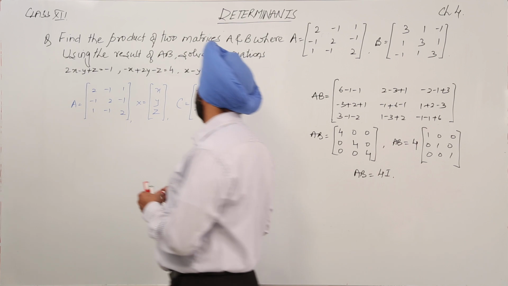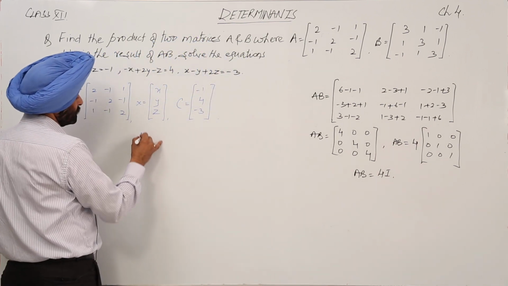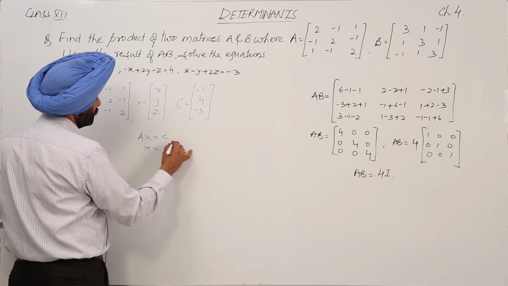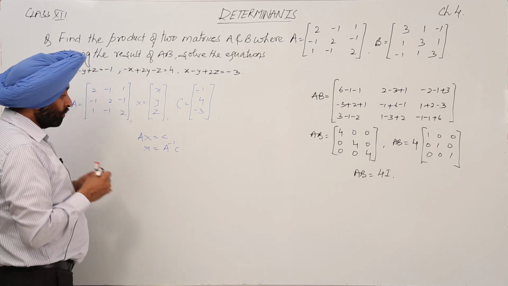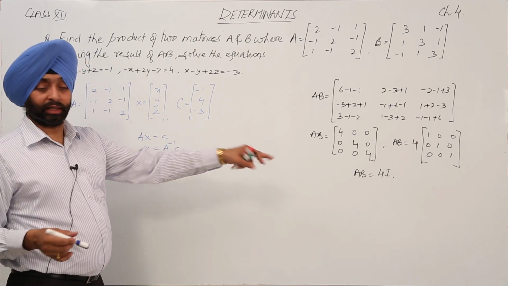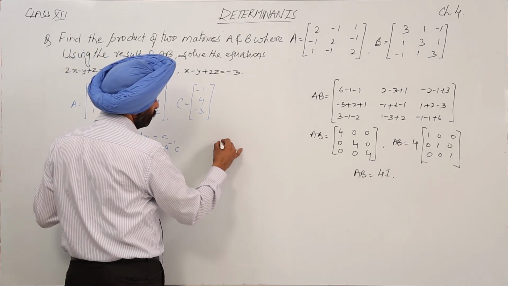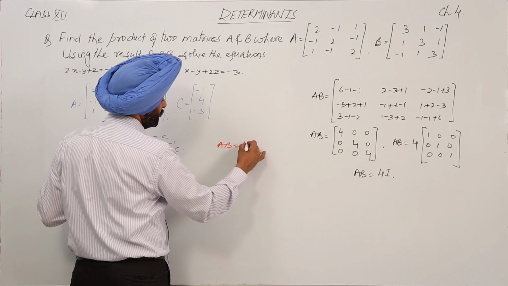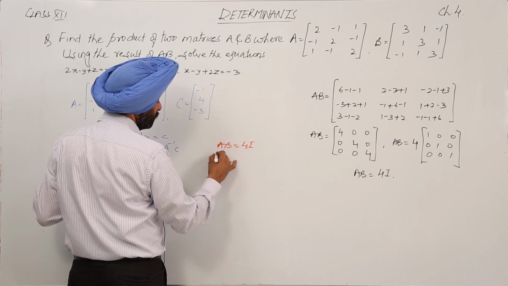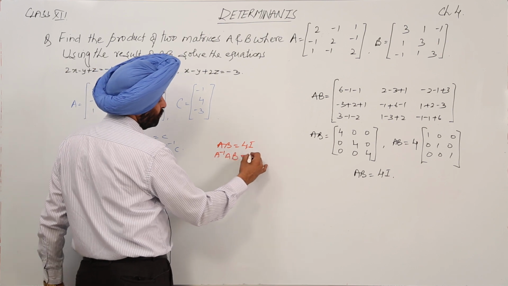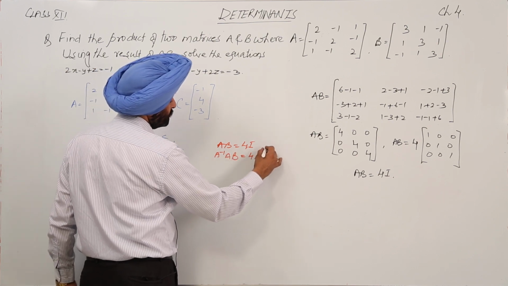Now the formula was AX is equal to C, and X is equal to A inverse C. Now we want A inverse. We have AB is equal to 4I, then pre-multiplying by A inverse, B is equal to 4 A inverse.